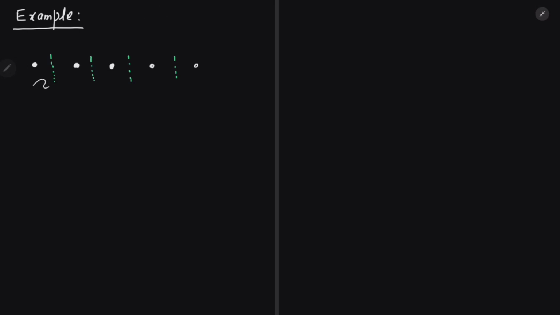Suppose we have grid point 1, this is 2, this is grid point number 3, 4 and 5. This one is called cell number 2. This is called cell number 3. This is called cell number 4. And you can see that the left cell is half and this one is half.